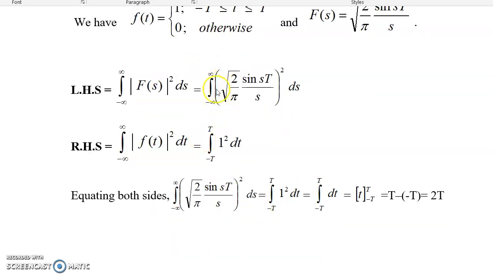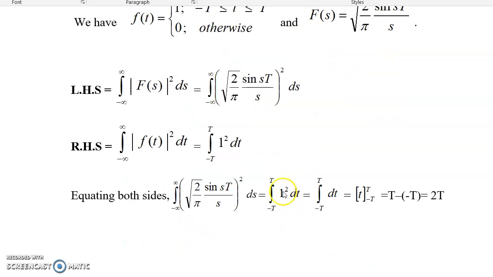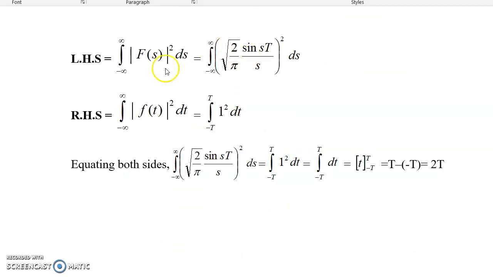Now substitute in the Parseval's identity. In the left side you have integral of mod F of s square ds. This is the left side term, and this is the right side term. So let us equate both sides. Now when you look at the right side, minus T to T, 1 squared is just 1.